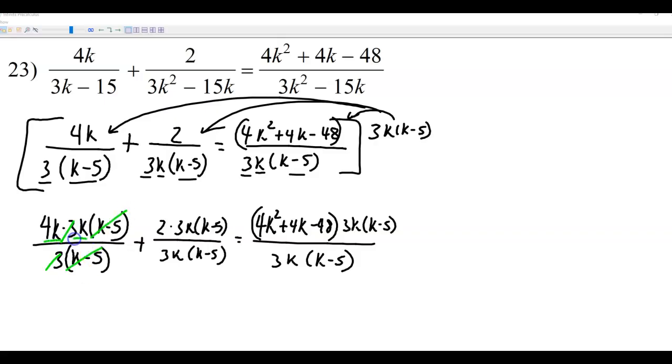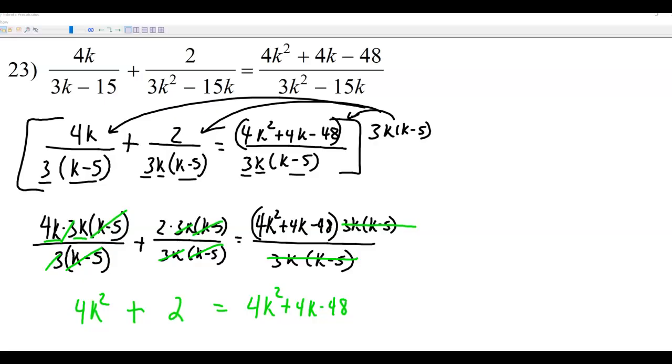Leaves me with a 4k and a k, which makes 4k squared. Then for the next one, we have the 3 and the k canceling. Then the k minus 5, leaves me with just 2. And over here, all three of these cancel out, and I'm left with 4k squared plus 4k minus 48.